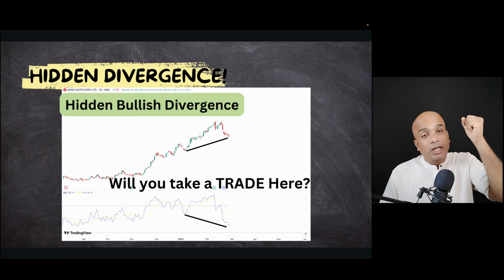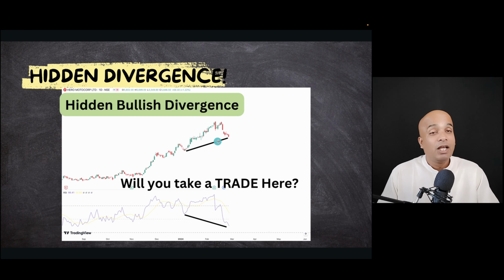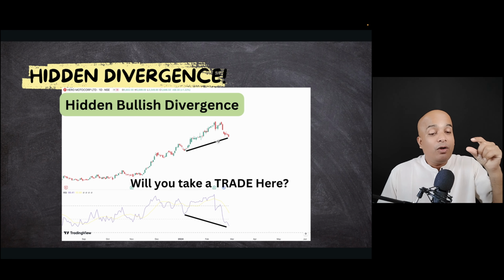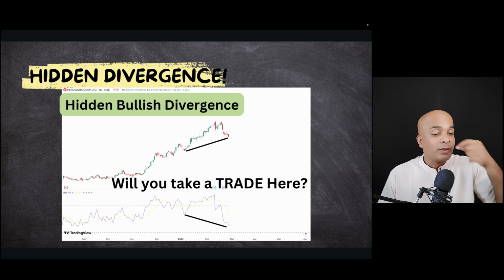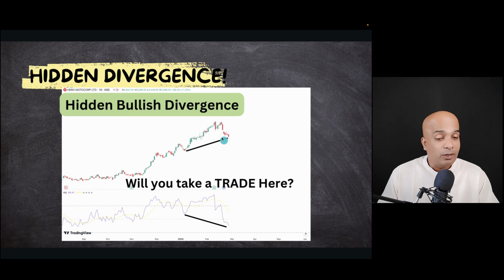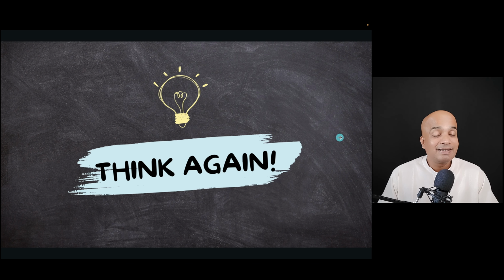Most of the indicators are derived from the price. So even though it is an RSI hidden bullish divergence in this case, you need to wait for a price confirmation to go upside. As of now, this confirmation is missing in this case, isn't it? Think again.